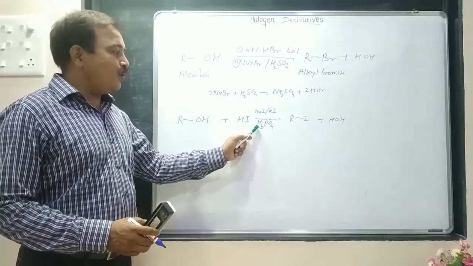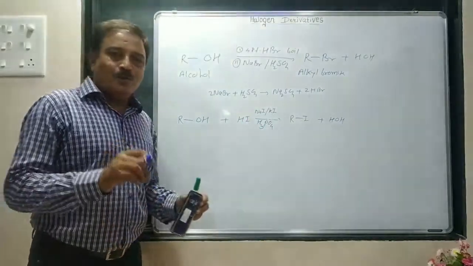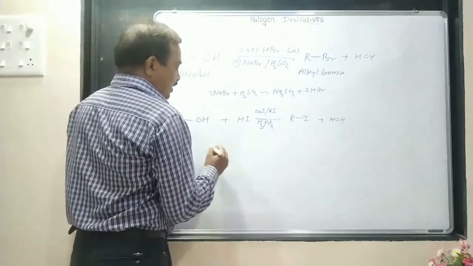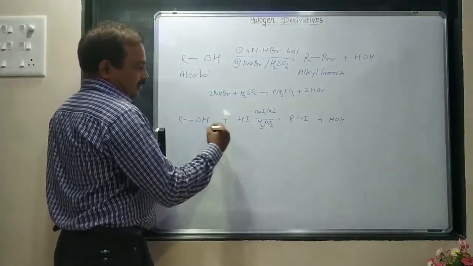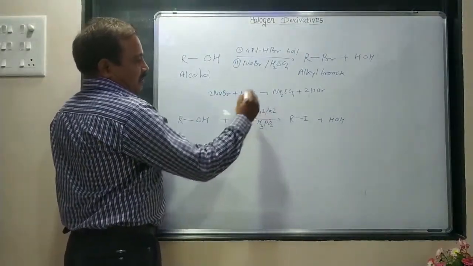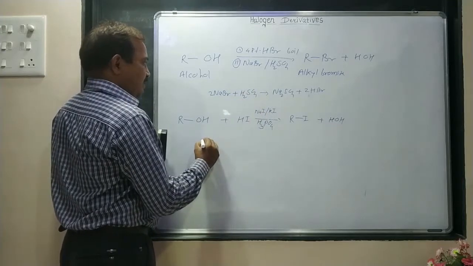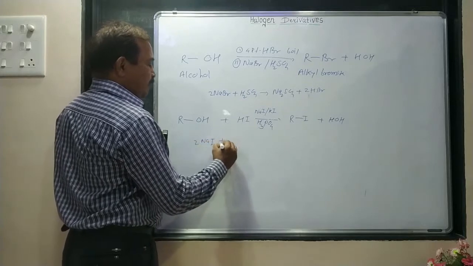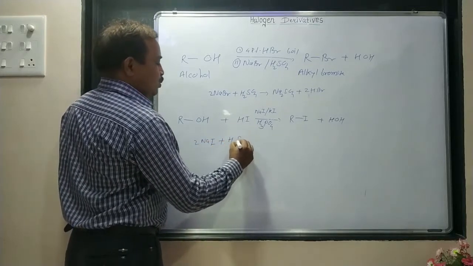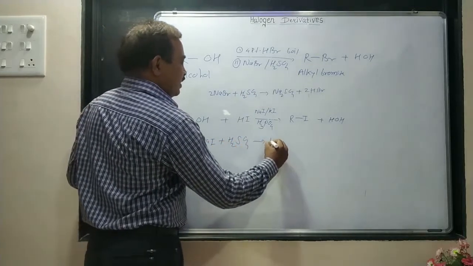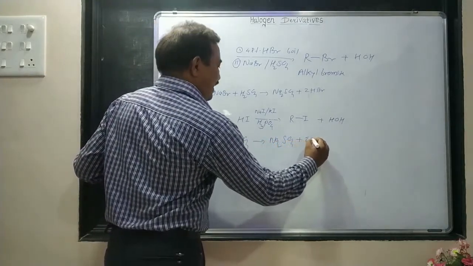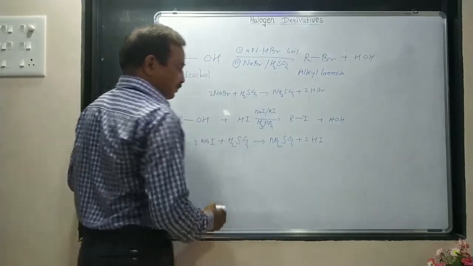Instead of H2SO4, H3PO4 is used. So we have to pay more attention to this reaction. How can this HI be generated? Let us see, using NaI: twice NaI plus H2SO4 gives Na2SO4 plus twice HI.